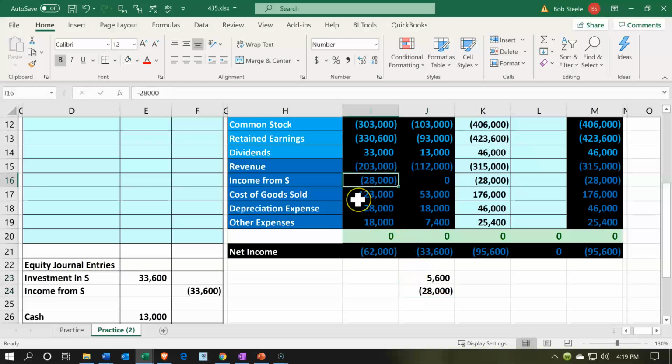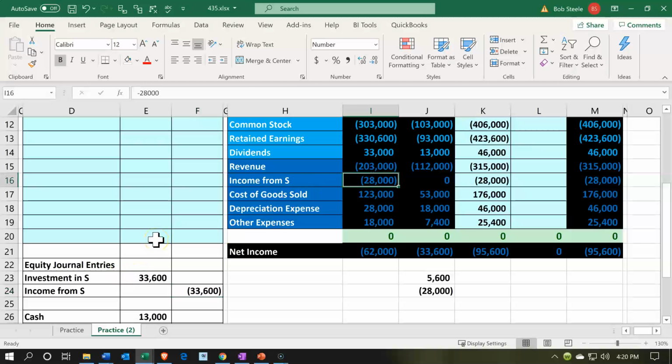So that means that P took into consideration the added depreciation when recording the equity method. So you can think about that in terms of journal entries. I'll say the investment went on the books for the equity method. We could say that they took into consideration all of the $33,600 normal equity method, which increased the income from S, this number.